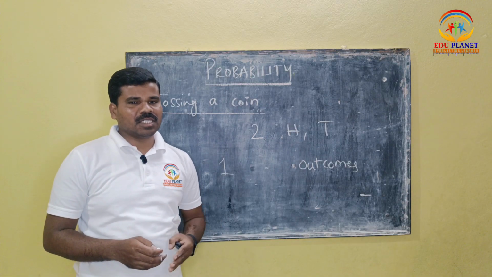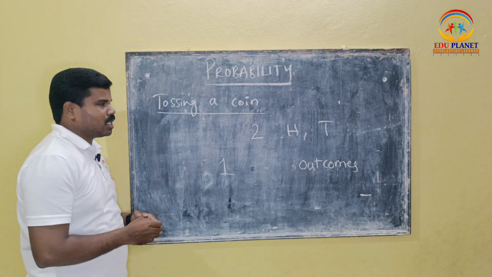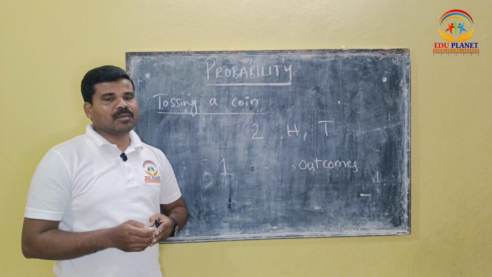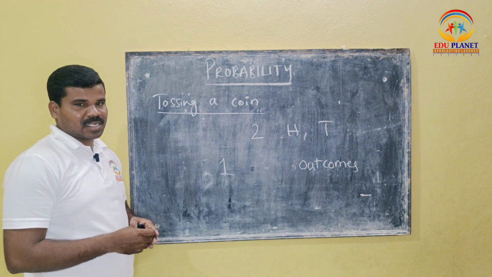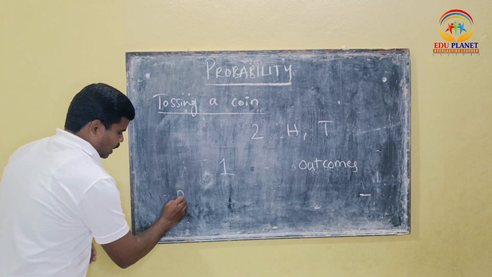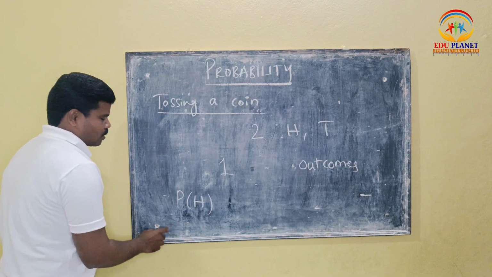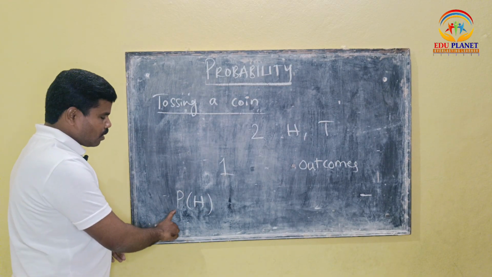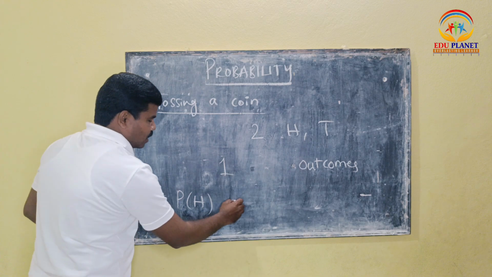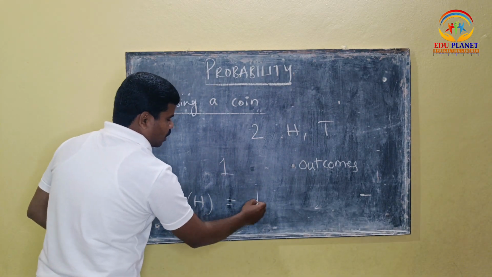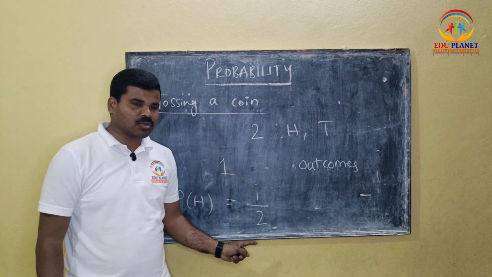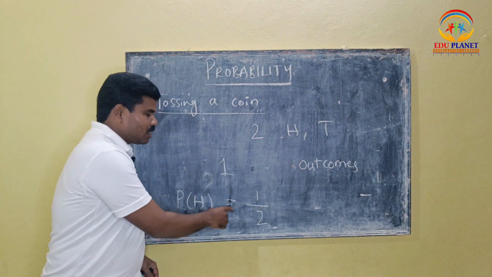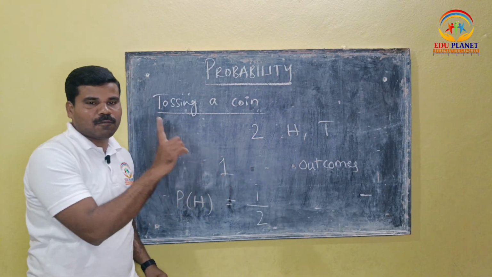Probability is also a very easy concept. Probability is nothing but the number of favorable chances. Here I looked for getting heads, right? Easily I can calculate P of H. P means probability. Probability of heads is nothing but number of favorable outcomes divided by total outcomes. How many total outcomes? 2. And the favorable outcome, getting heads, is how many? 1 chance.